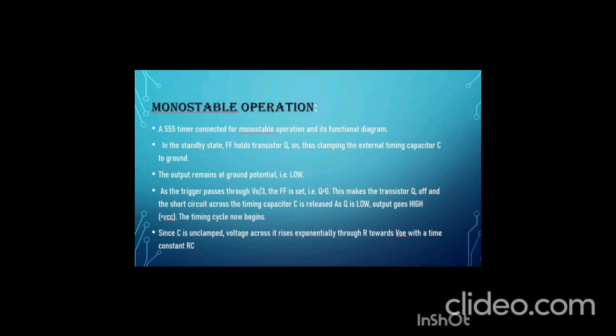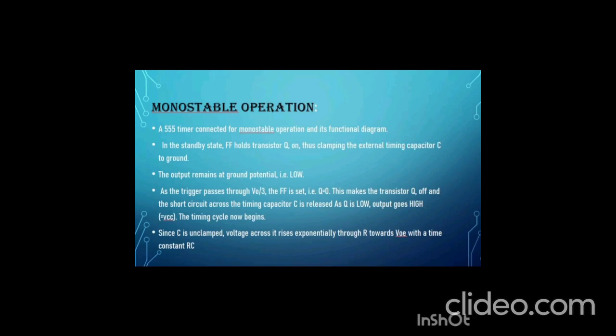As the trigger passes through VCC by 3, the flip-flop is set, Q equal to 0. This makes the transistor Q1 off and the short circuit across the timing capacitor C is released. As Q is low, the output goes high, equal to VCC.